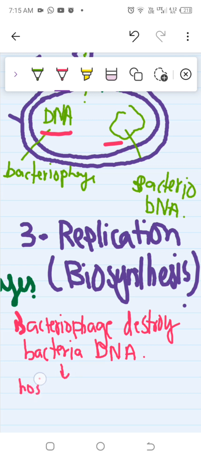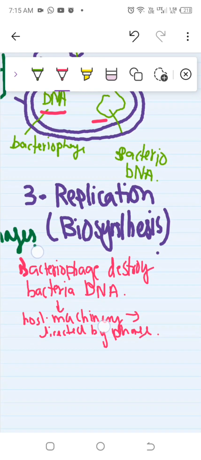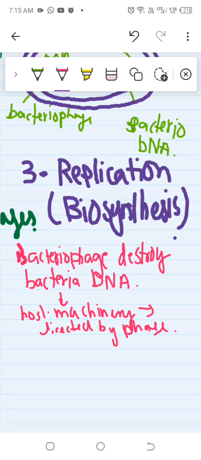Host machinery directed by phage. Okay, as this host machinery is directed by the phage, now what will the phage do? The phage will synthesize its own structure. The structure includes capsid protein, tail fibers, and base plate.